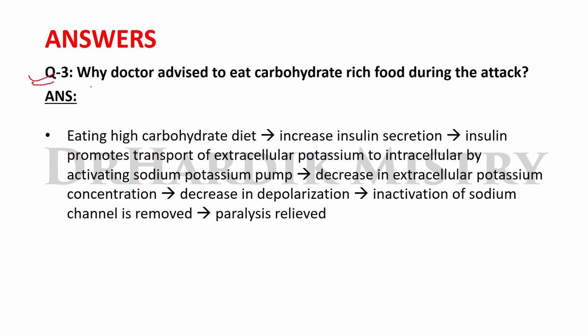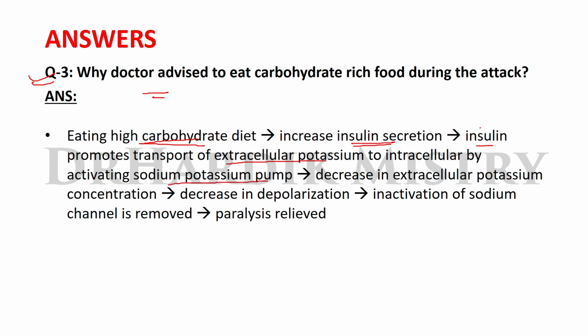Question number 3. Why did the doctor advise eating carbohydrate rich food during the attack of hyperkalemic periodic paralysis? So here it's the answer. Eating a high carbohydrate diet increases the insulin secretion. Insulin promotes transport of extracellular potassium to intracellular by activating the sodium potassium pump.